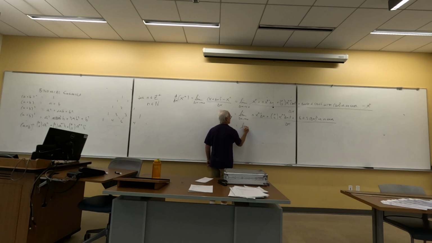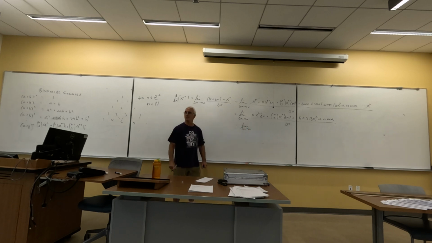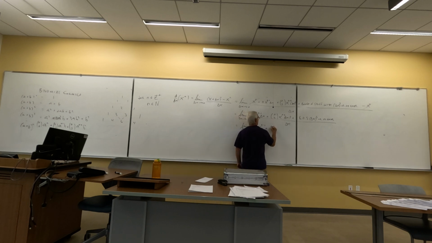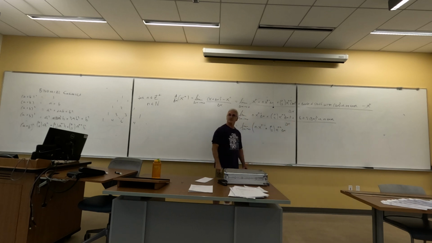What's the next thing I'm going to write? I'm going to cancel a delta x from every term. So what's left? N x to the n minus 1 plus n choose 2 x to the n minus 2 times a single delta x, correct? Agreed?